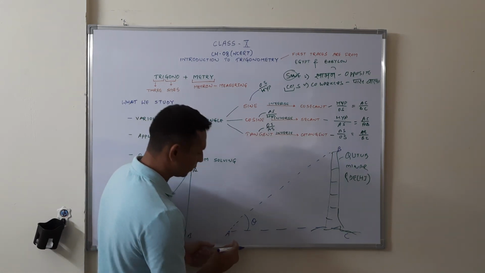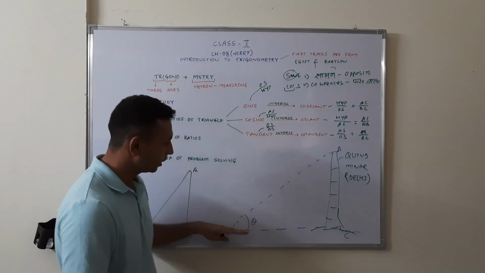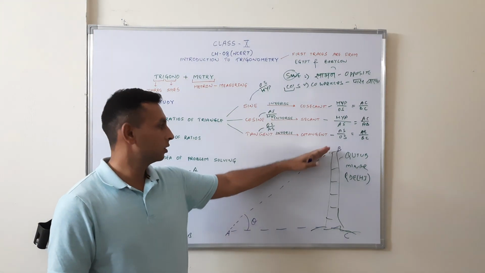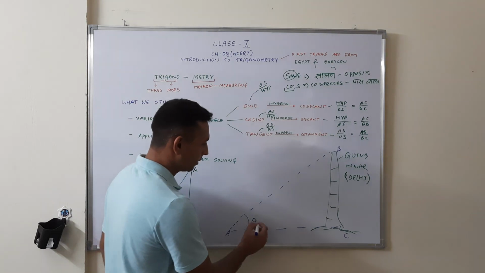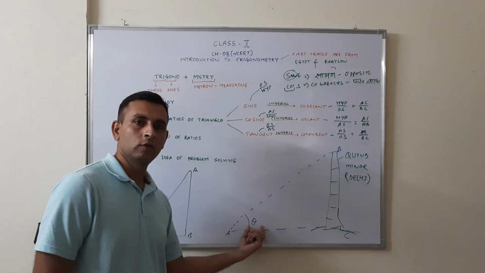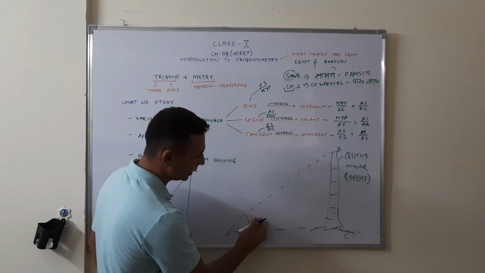I am standing here at point A. Whatever the angle of inclination that I have to carry out to see the top of the minar is the angle that I am going to take as a reference. I am going to calculate this ratio for this theta.